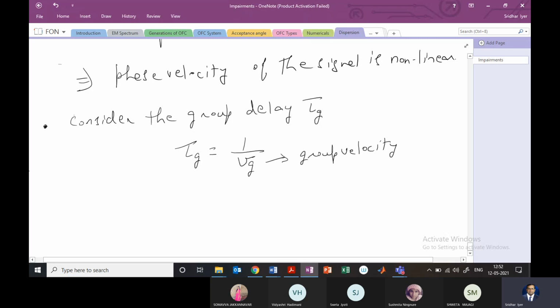Okay, so let's consider this group delay tau g, and this is given as 1 by Vg, where Vg is the group velocity.